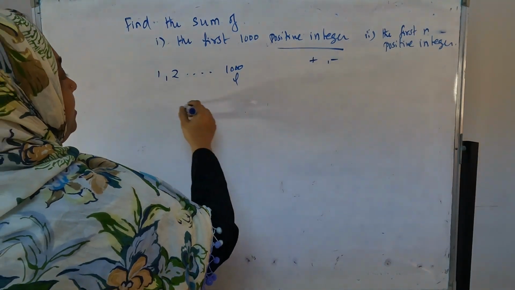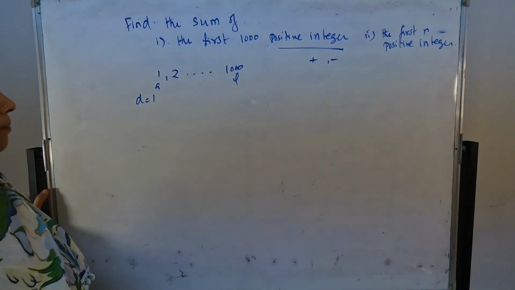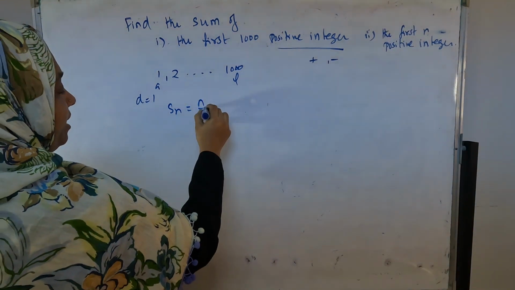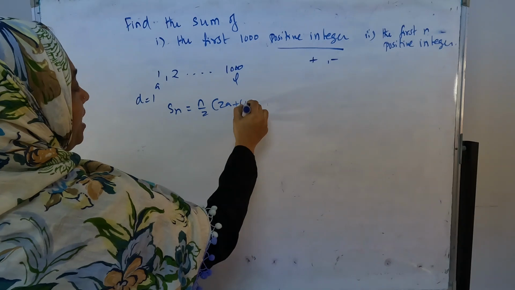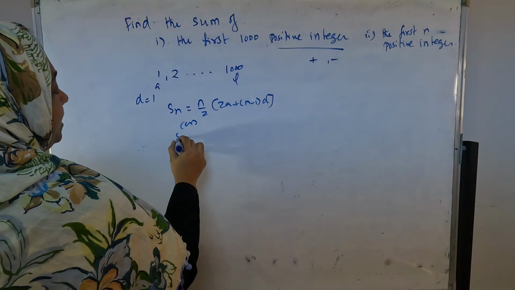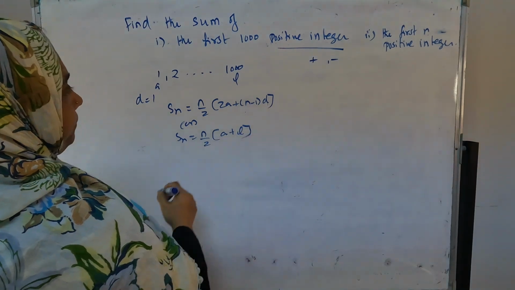Our last term is there, a is also there, d is what? 1. So what is the sum formula? Two types of formula are there: Sn is equal to n by 2 into 2a plus n minus 1 into d, or Sn is equal to n by 2 into a plus l.